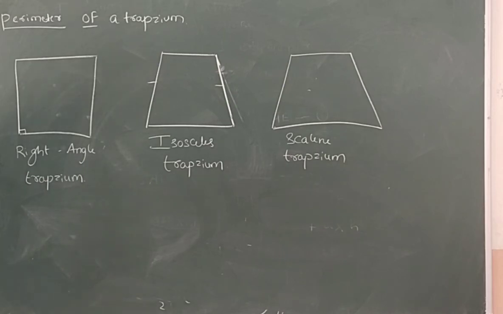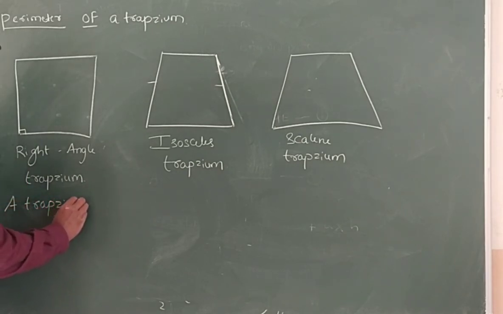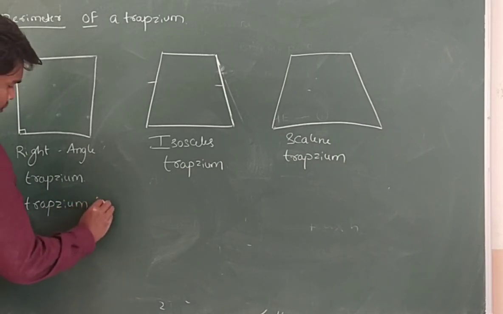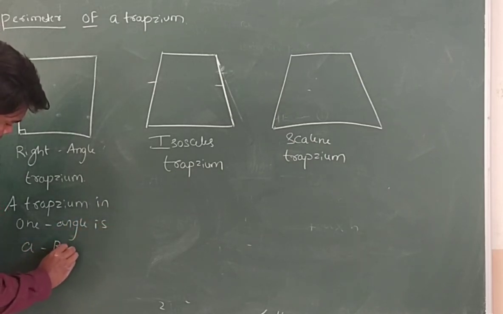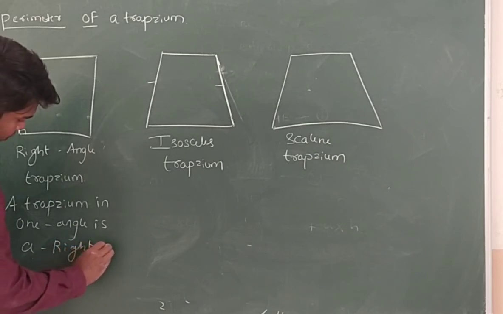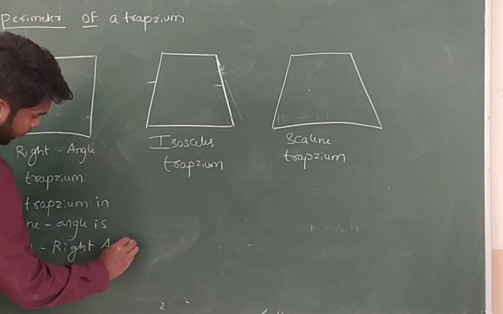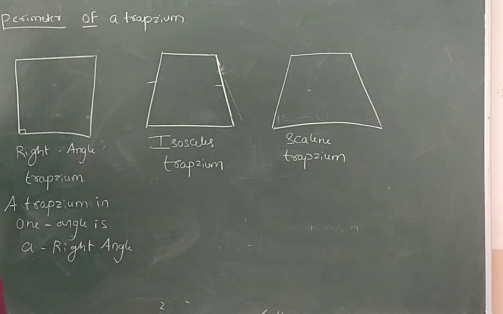A right angle trapezium is a trapezium in which one angle is equal to 90 degrees. A trapezium in which one angle is a right angle is said to be a right angle trapezium.